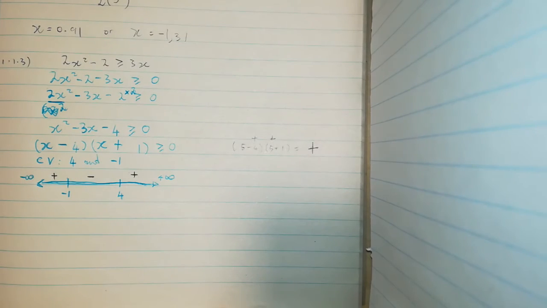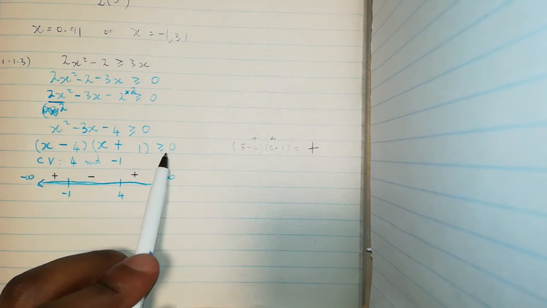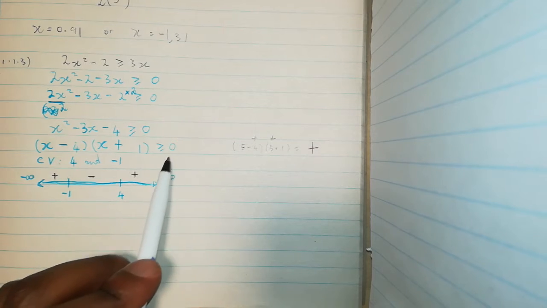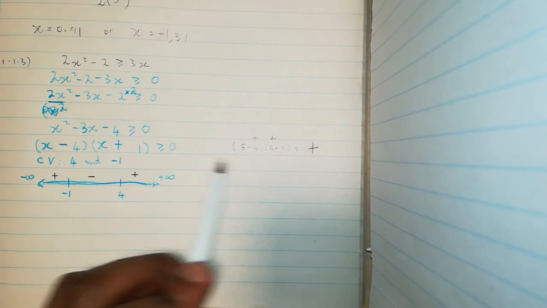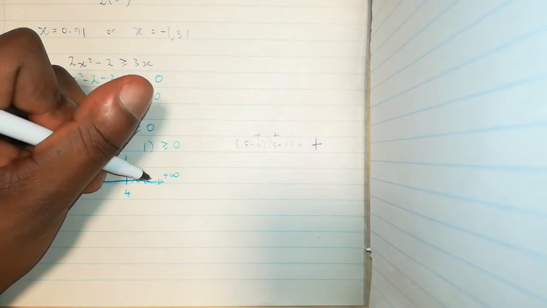So we look at our inequality. And we check, what is the question? The question wants where the function is bigger than 0, bigger or equal to 0, where it's positive. So it's exactly here.